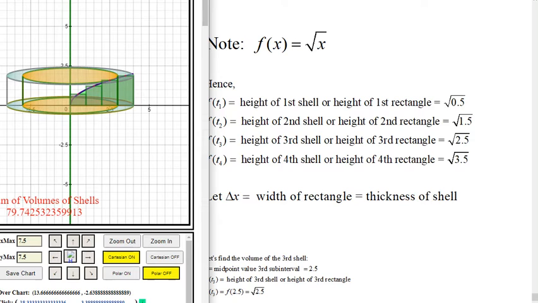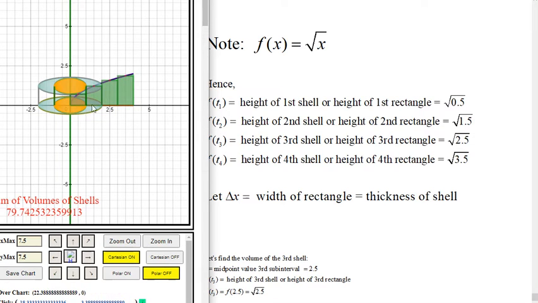This is shell number 4. The thickness of the shell or the width of the rectangle is 1. This is shell number 2. The thickness is also 1. And so the thickness of each shell is 1.